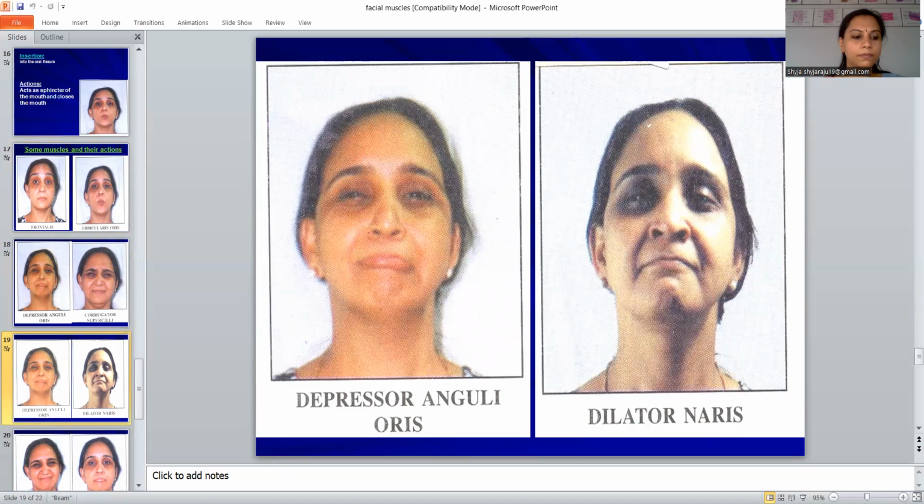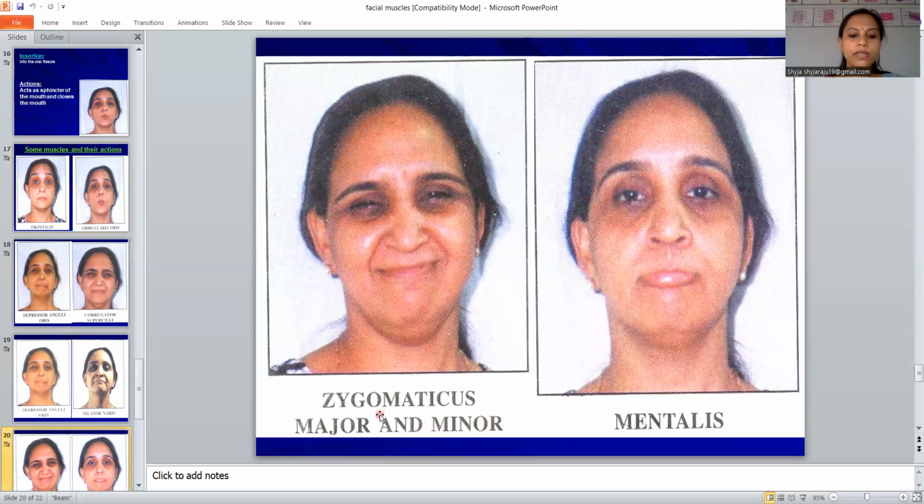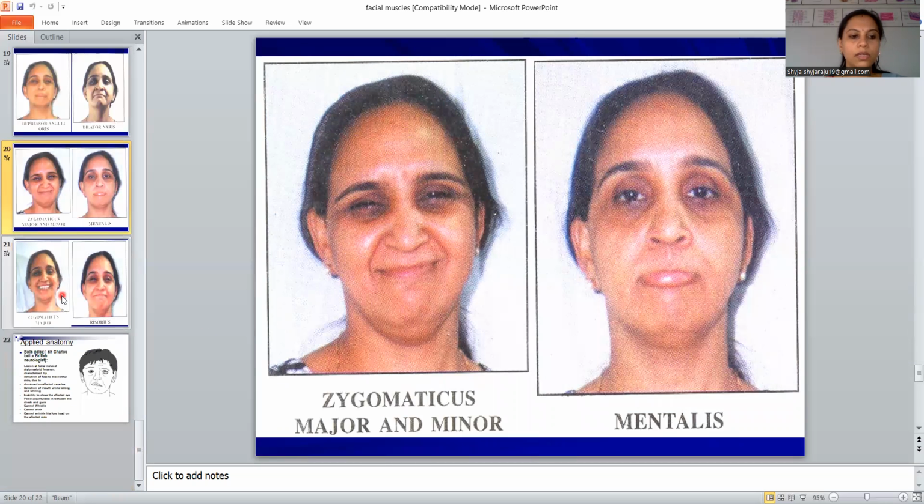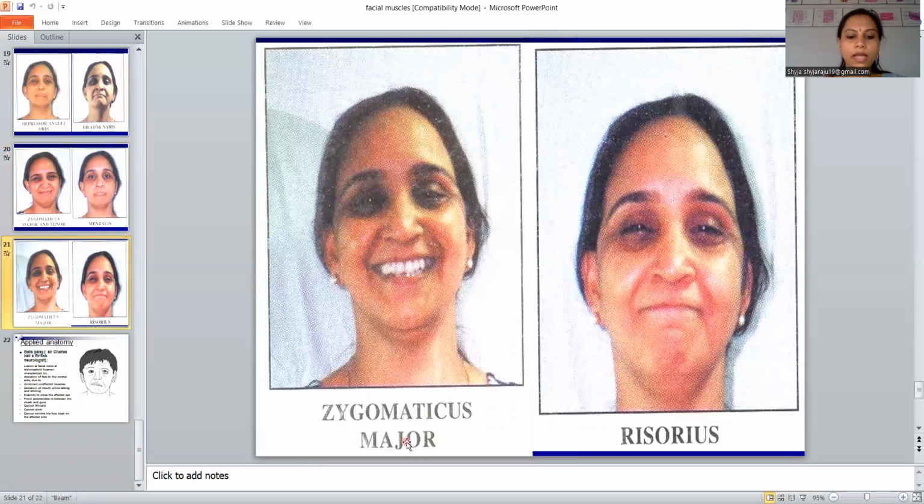Dilator naris. Zygomaticus major and minor acting together here. Mentalis. If the zygomaticus major acts alone, it is the laughing muscle. And finally, the risorius. This is the action of the risorius.